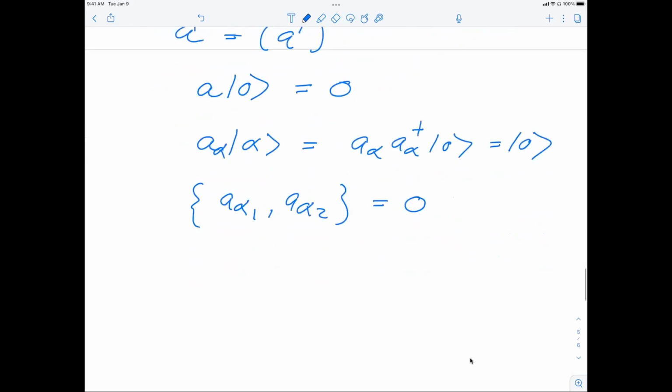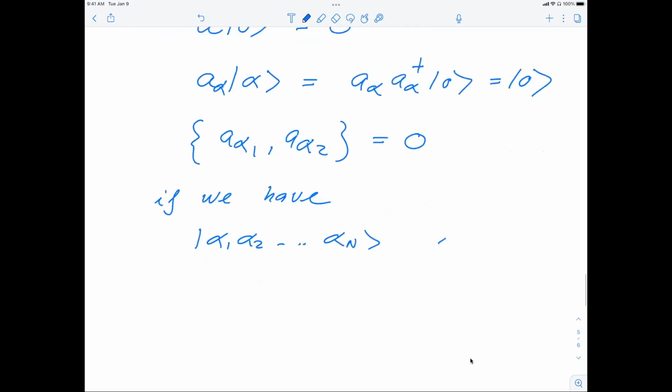So if we have a general state, suppose now a state which contains alpha 1, alpha 2, up to some alpha n here, then if this alpha is within this alpha 1, alpha 2, up to alpha n. So this is something which we will call an n particle state, because we have filled the slots with n particles.